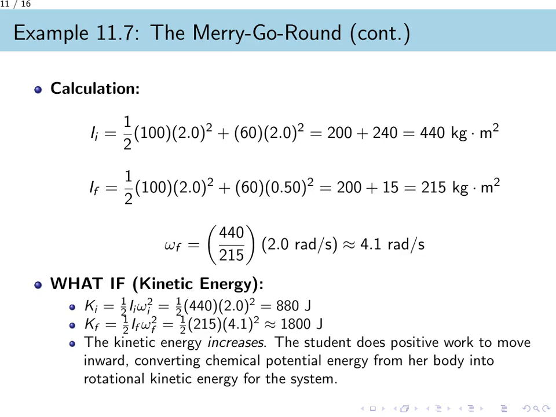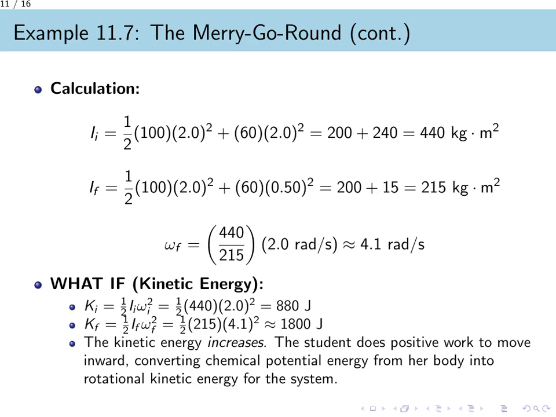The initial kinetic energy, using the initial values, is 880 joules. After the student moves inward, we use the new, smaller moment of inertia and the new, larger angular speed to find the final kinetic energy is approximately 1800 joules. The final kinetic energy is more than double the initial value.